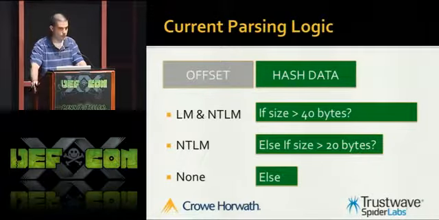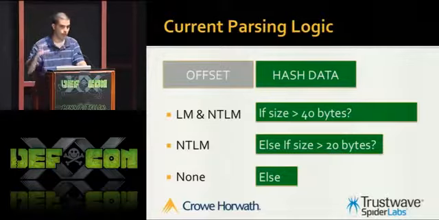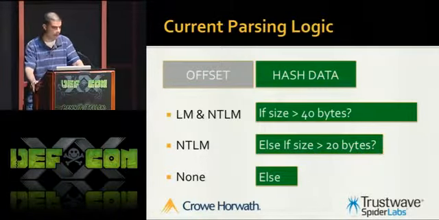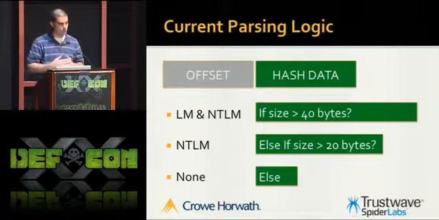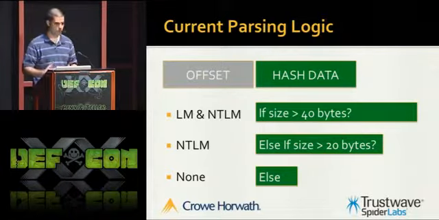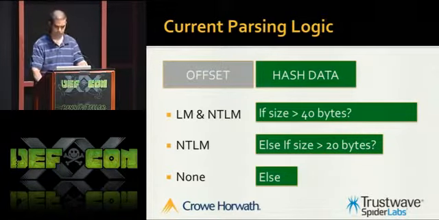So 40, we got it, cool. If I'm over 40, I probably got both hashes. Otherwise, if I'm only over 20, I've got just an NTLM, and therefore I will parse that hash data completely differently, or I don't have any hashes. So the main takeaway here is that the way I'm going to decide to parse out these hashes is by measuring the length of hash data, which inherently leads us to the flaw.